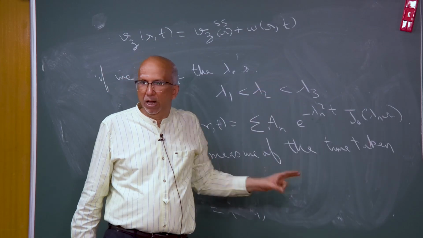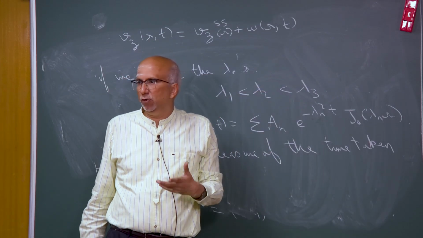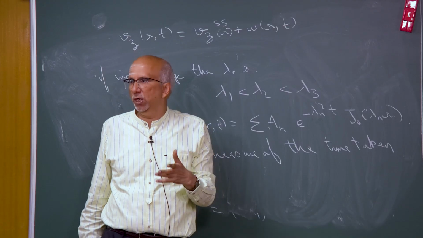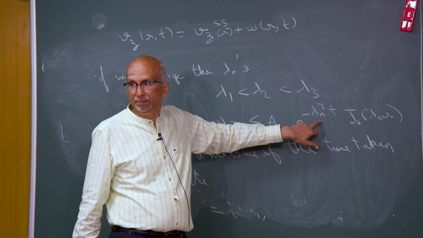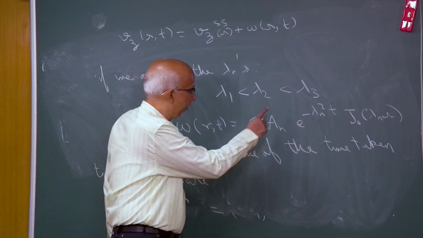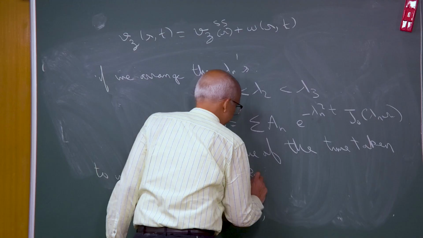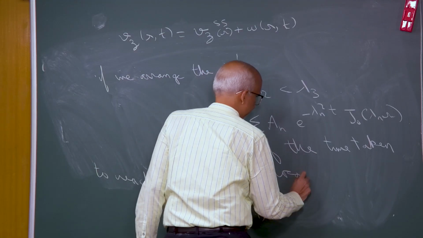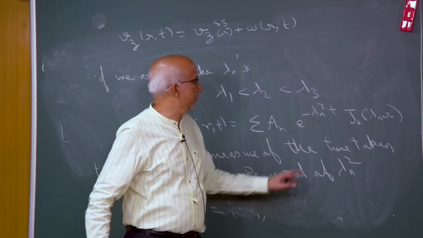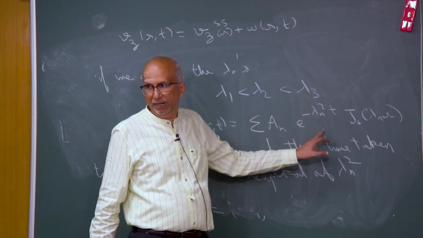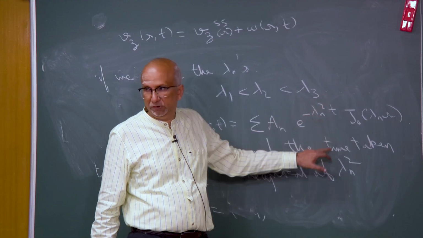If you want to get an idea of the time constant of your system, how much time you have to wait, you just need to look at lambda_n, and the reciprocal of lambda_n squared. This has to be dimensionless, so lambda_n squared has units of 1 by time.